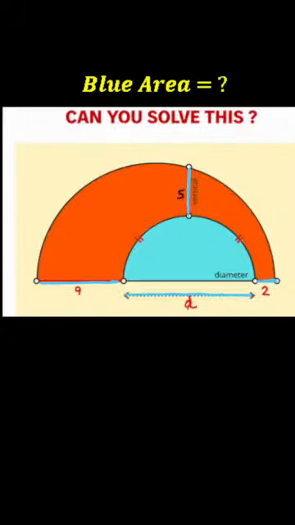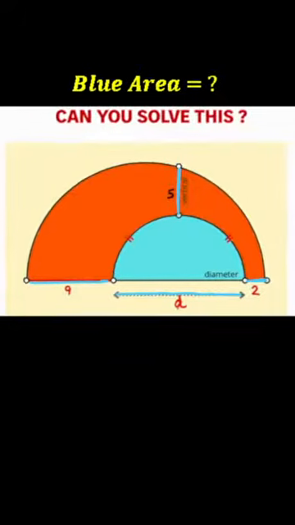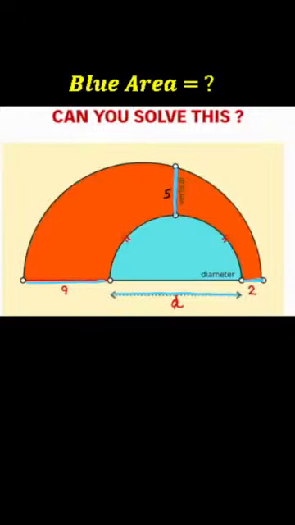Give your answer in terms of pi, or if it is exact in calculation, you can calculate it using pi as 22 by 7 also. Let's see how many of you can do this. Give your answer along with the correct approach.